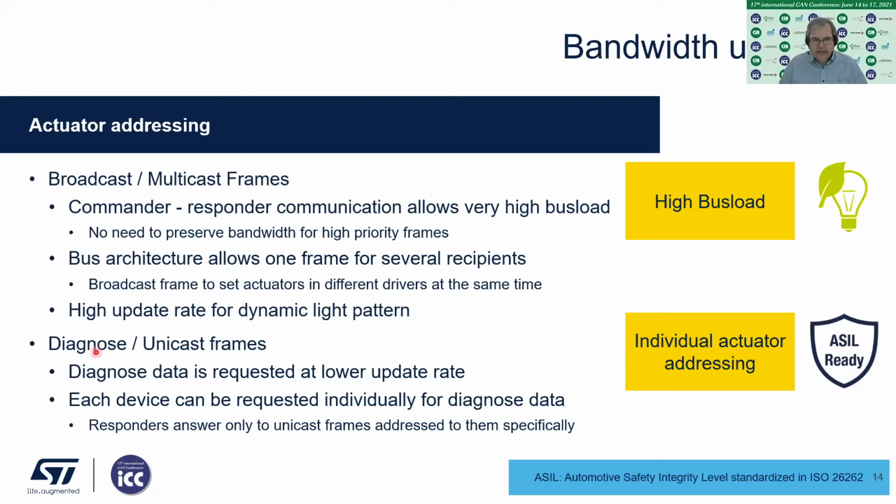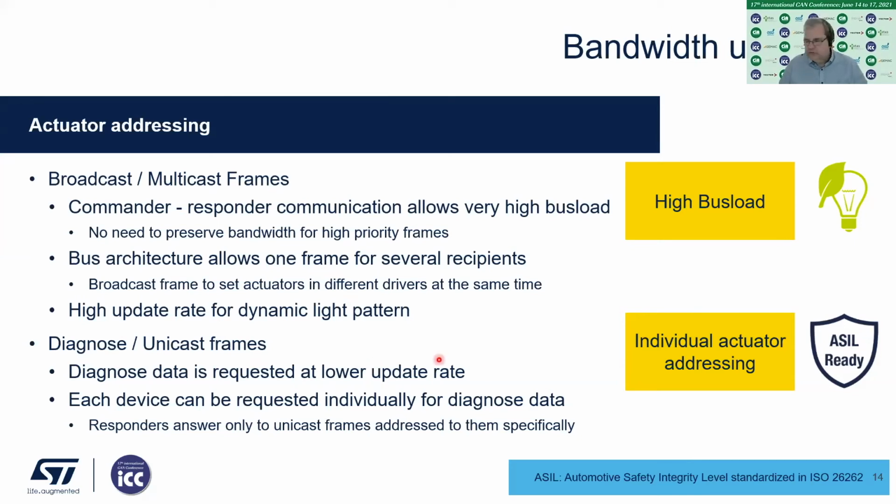And then for diagnosis, to get back diagnosis data from individual drivers, there are these so-called diagnose or unicast frames. The diagnosis requires a lower update rate. It's not needed to be as high a data rate as the broadcast frames to set the brightness of the driver. But within a certain amount of time, you want to request if there is any diagnosis problem.